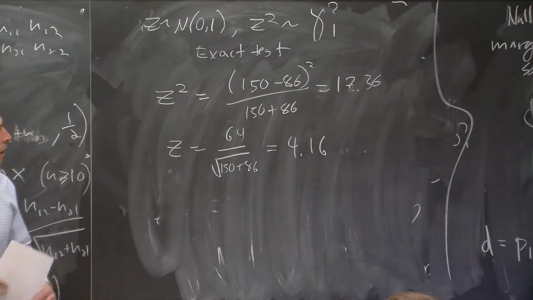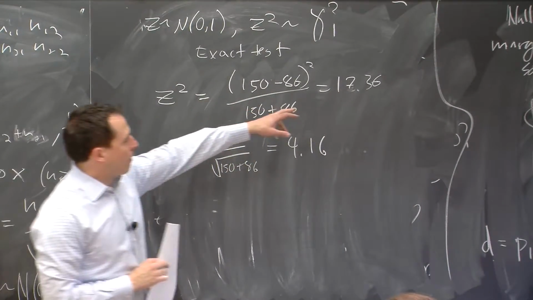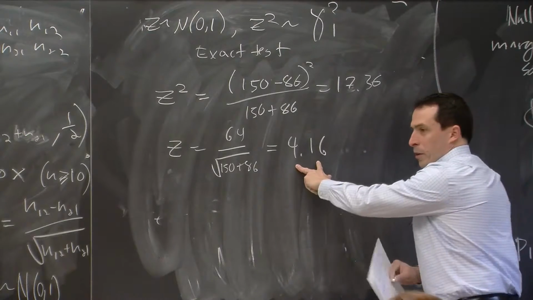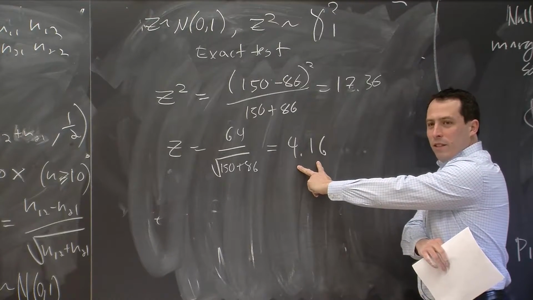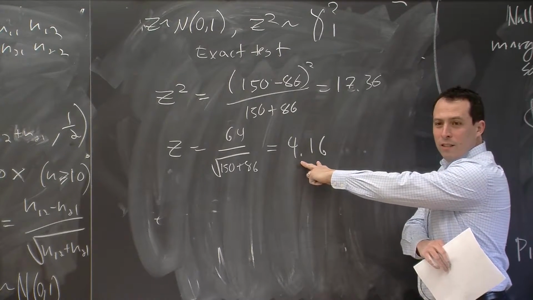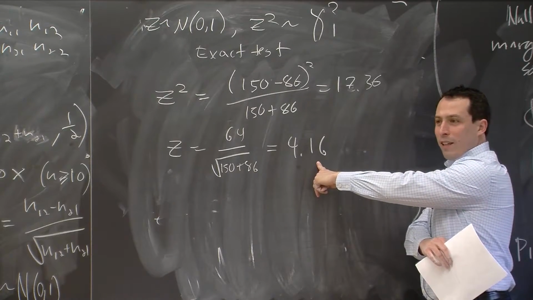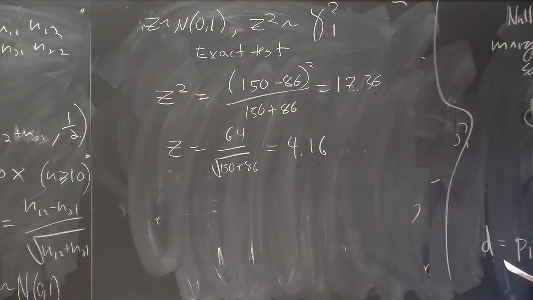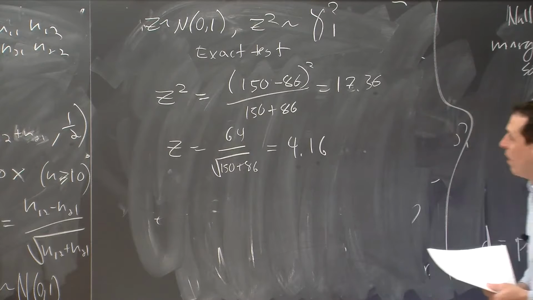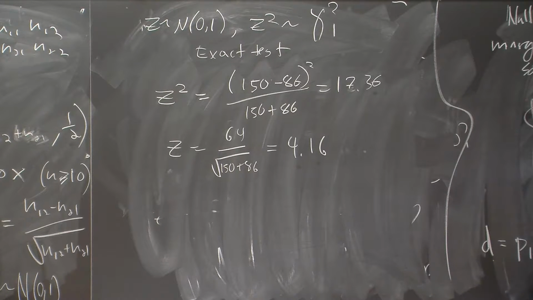So you may not remember your chi-squared table, but you remember your normal 0, 1. So this is 4 standard deviations away, so this is very significant. This will give you the same answer. So p is very, very close to 0. So we feel very confident that the president's approval rating has fallen after this event.